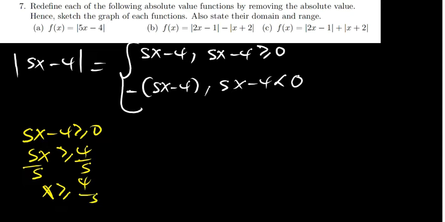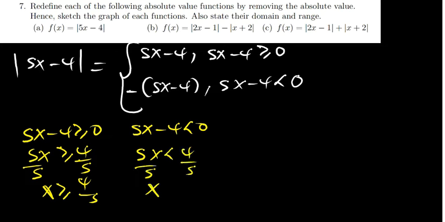Now I'm going to do the same with the second part, meaning 5x minus 4 less than 0. So 5x less than 4. I'll divide by 5, and x has to be less than 4 over 5.